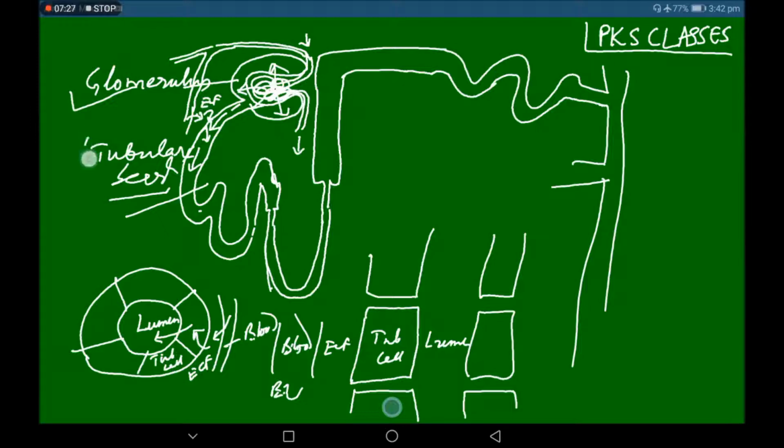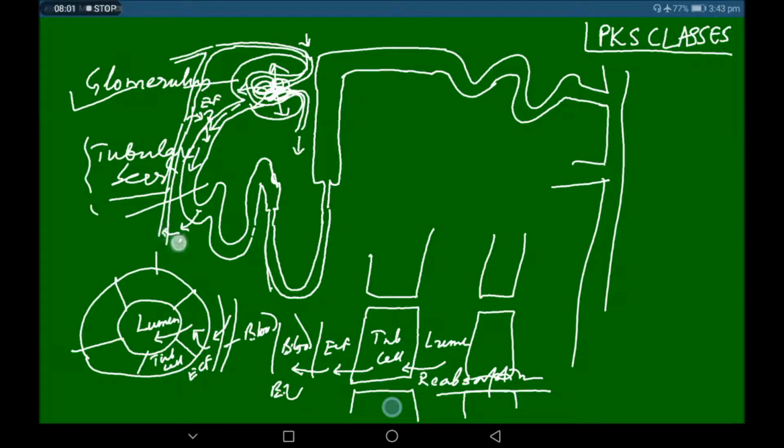Just the reverse of tubular secretion, that means from lumen to tubular cell, from tubular cell to extracellular fluid, and from extracellular fluid to blood, is reabsorption. We know absorption is the process where the drug enters the blood circulation. So reabsorption means that while being excreted, it comes back to the blood.